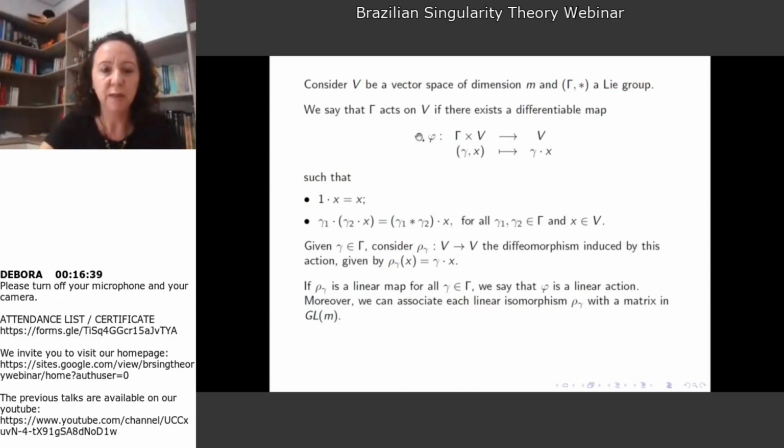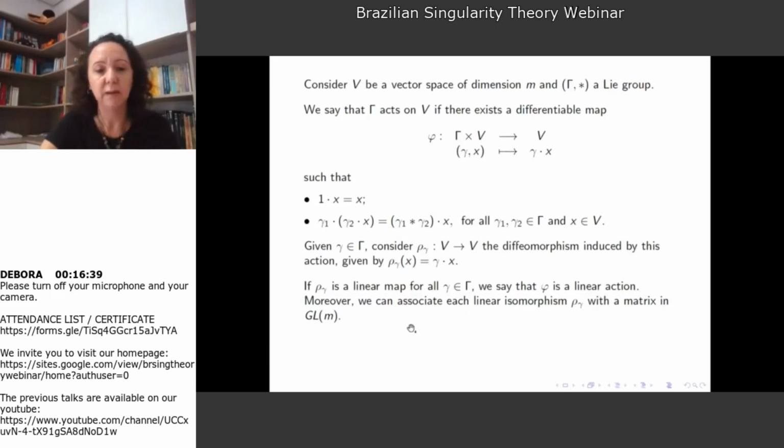Given an action, we have a map that associates to each element gamma, rho gamma, a diffeomorphism from V to V induced by this action. That is, rho gamma of x is gamma times x, the image of the element x under the action.